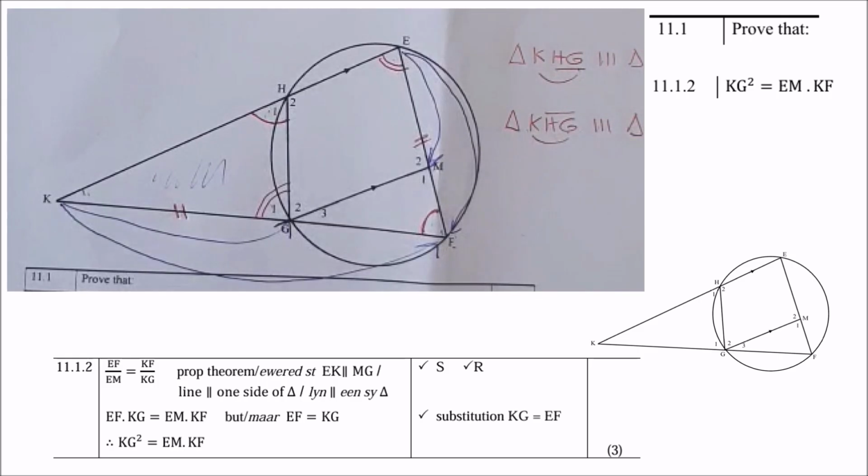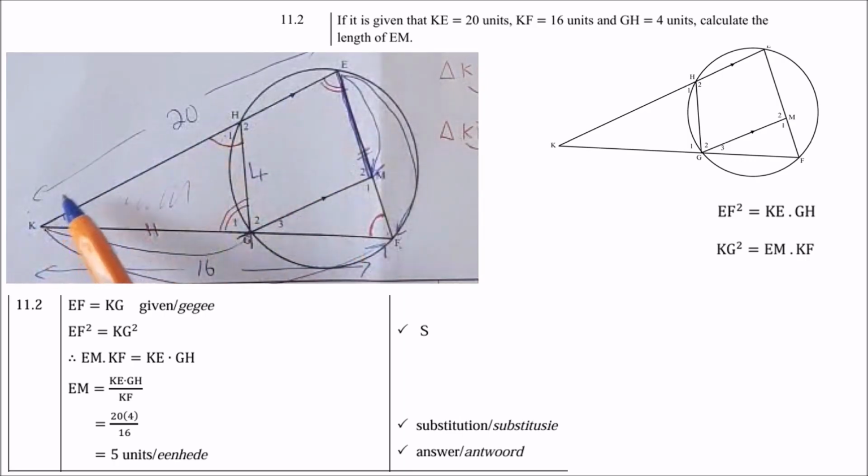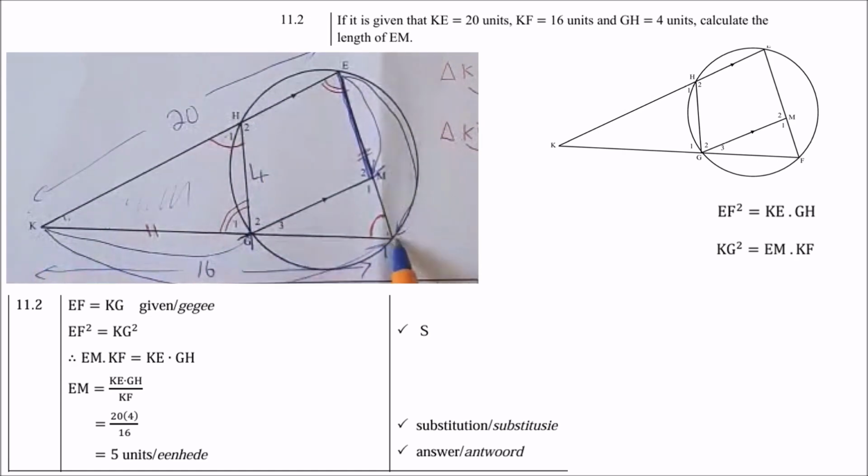Now, 11.2. It is given that KE is 20 units, KF is 16 units, and of course, GH is 4 units. Calculate the length of EM. It looks a bit difficult, but what we must do is see what was already proven. We already proved that EF squared is KE times GH, and that KG squared is EM times KF.